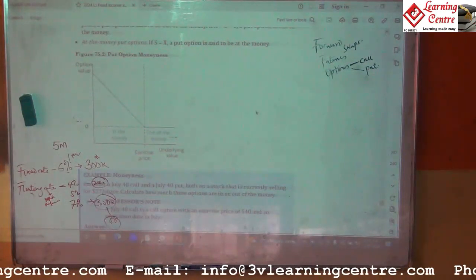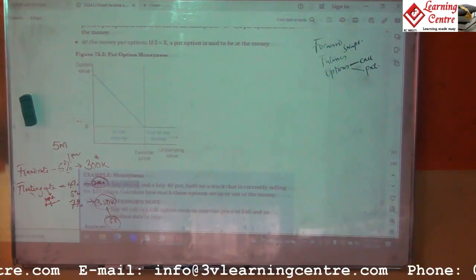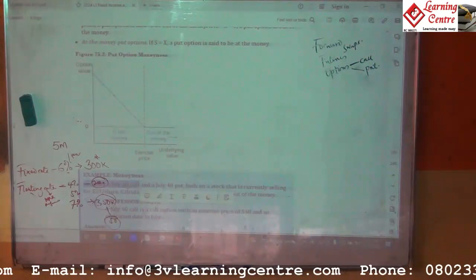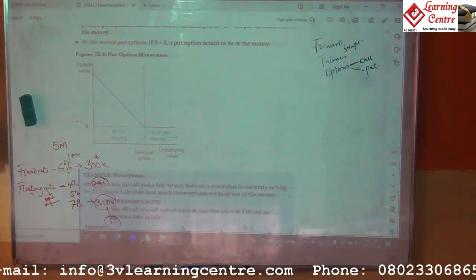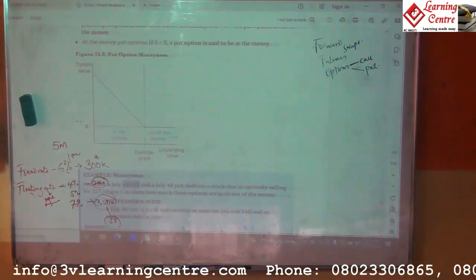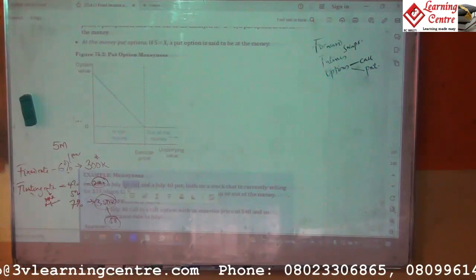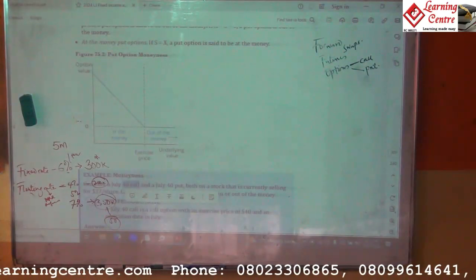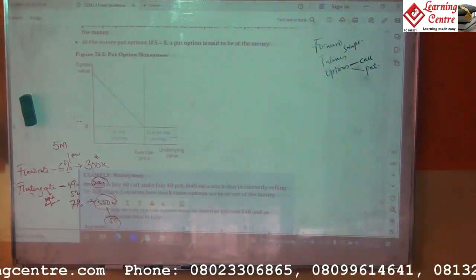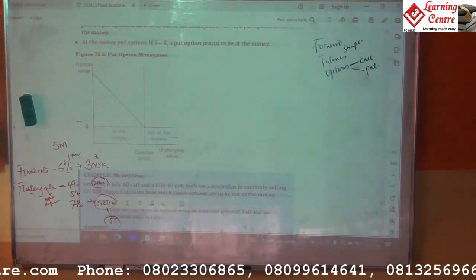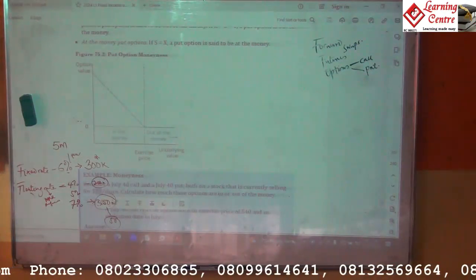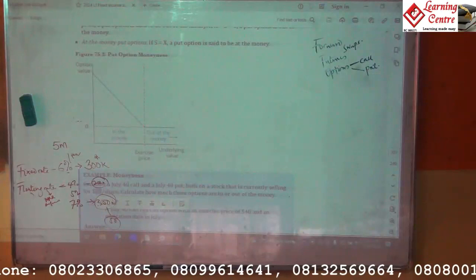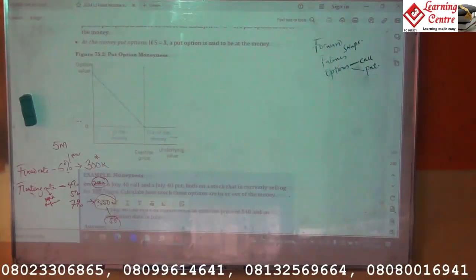So the question says there is a call. The price we have agreed is $40, but now it is currently selling at 37. What does this mean again? I have agreed to buy something at $40, but in the market, today's price is 37.